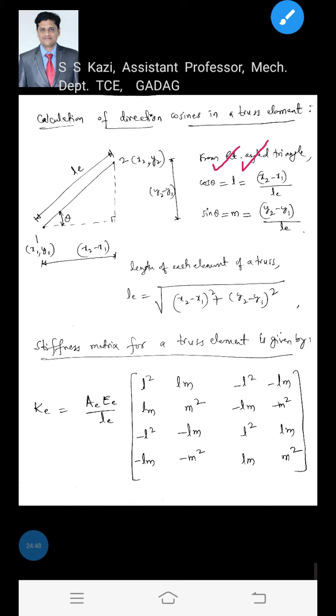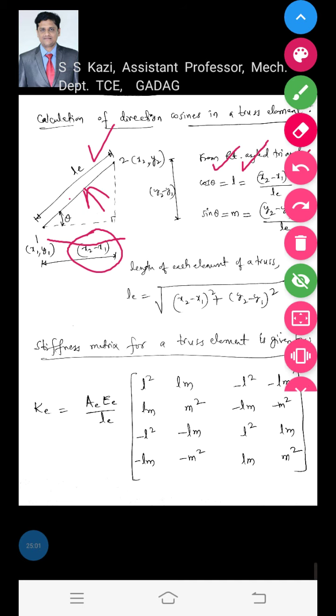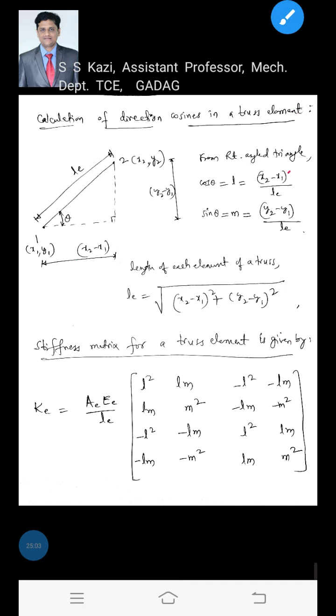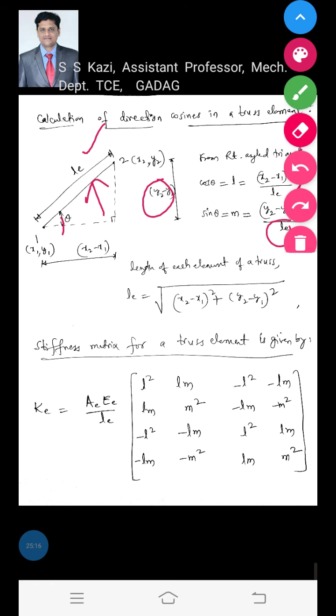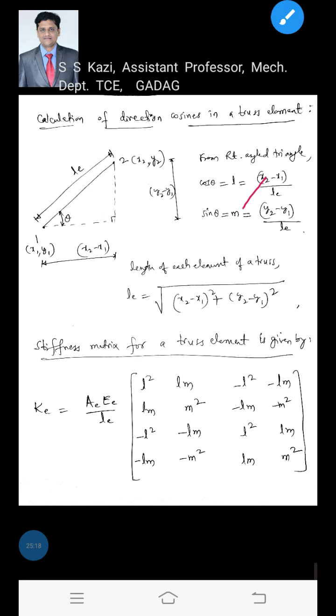The adjacent is x2 minus x1, divided by the hypotenuse, which is LE, opposite to the 90 degree angle. So cos theta is x2 minus x1 by LE. And what is sine theta? Sine theta is equal to opposite, y2 minus y1, divided by the hypotenuse LE. Sine theta is represented by m.